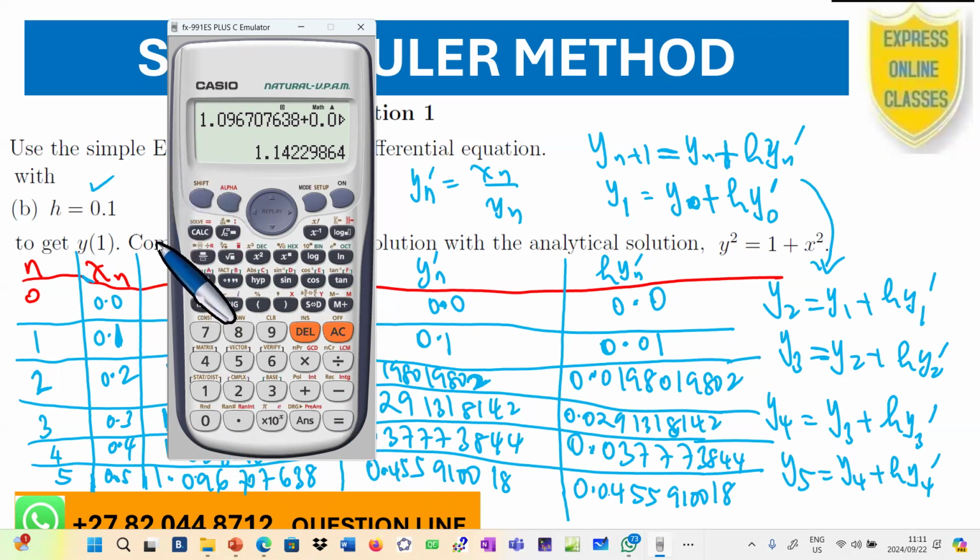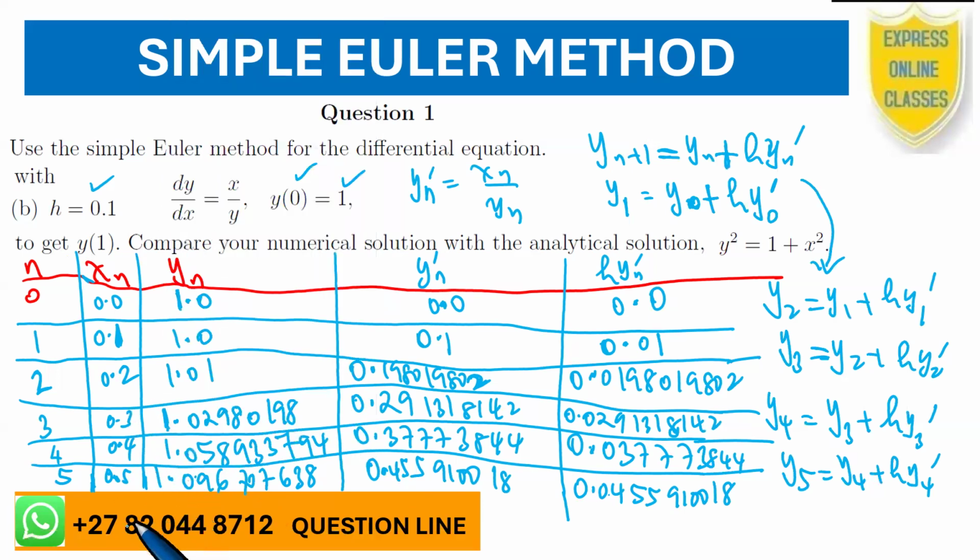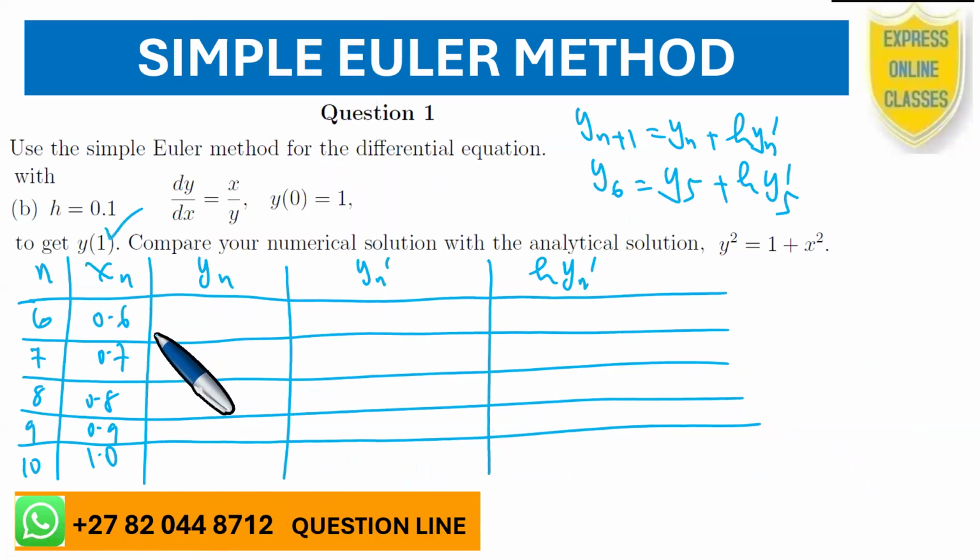That is going to give us our y6. Awesome. We have already seen that our y6 is going to become 1.14229864.